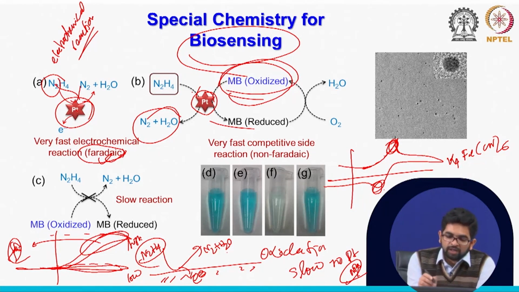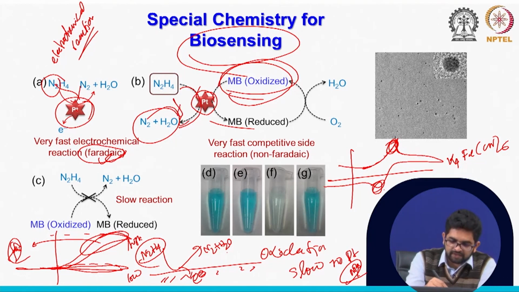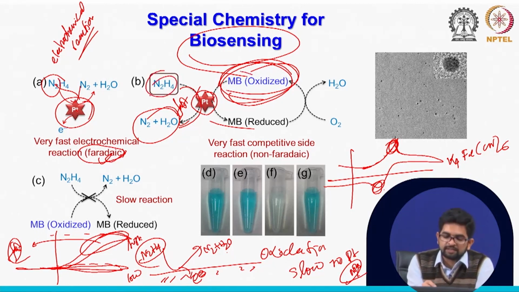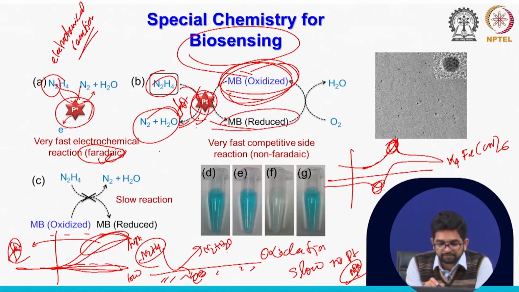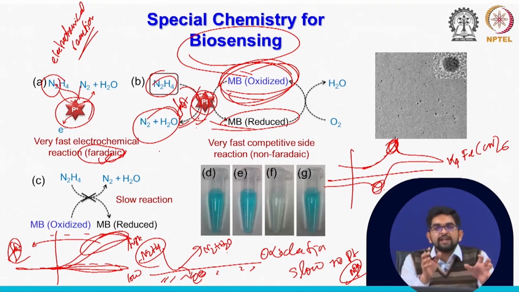How? See, hydrazine is reacting very fast, right? Now, if you have methylene blue, this methylene blue will be reduced in the presence of hydrazine and platinum nanoparticles, and it will form the reduced form of methylene blue. So you don't need any potential applications, anything.